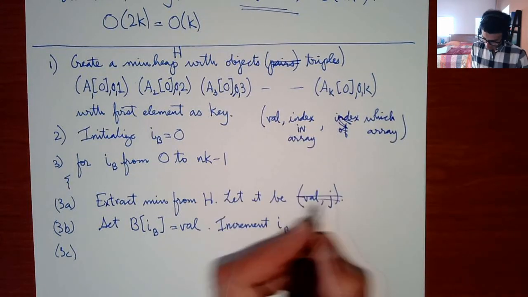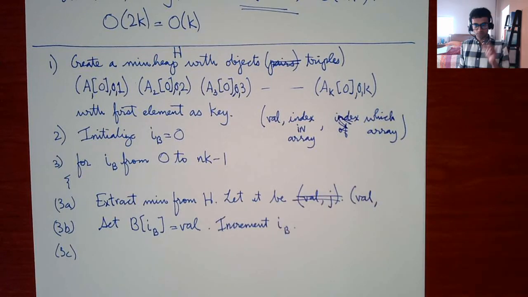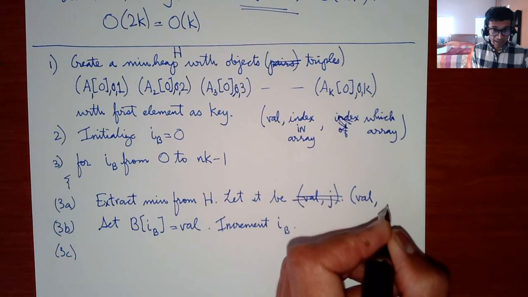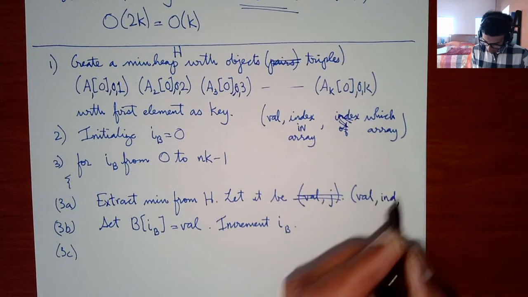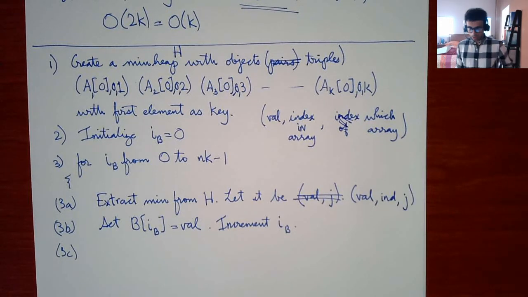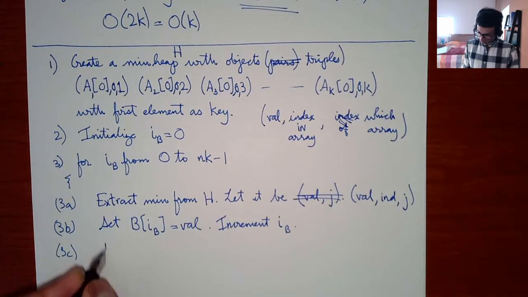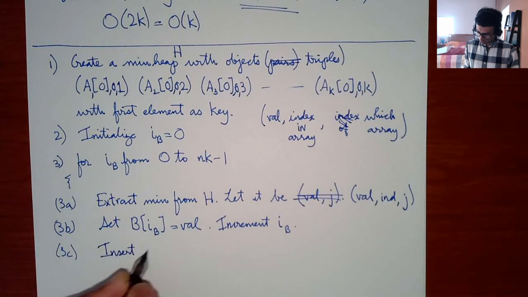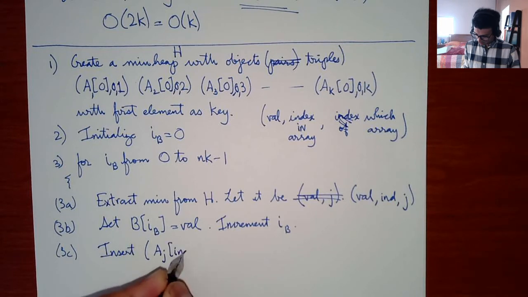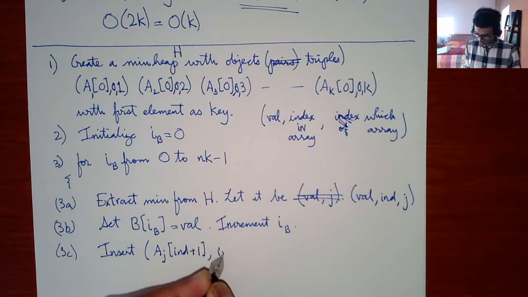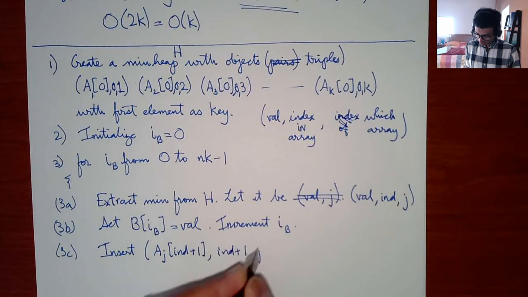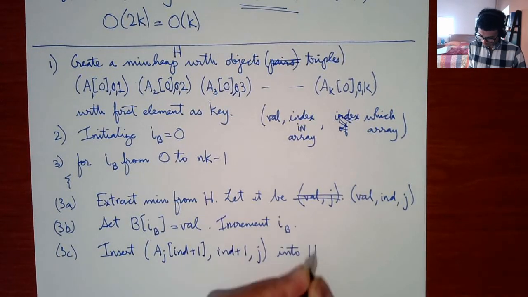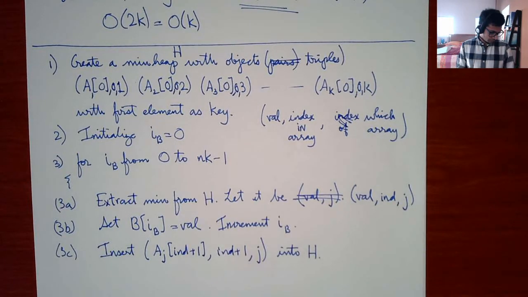Instead of this, you can think of it as val, there's some index that I'll call ind, and then I'll call it j. So this is what you get out. Then what you do is you insert aj of the index plus 1, the index plus 1, and j into h, and that's it.